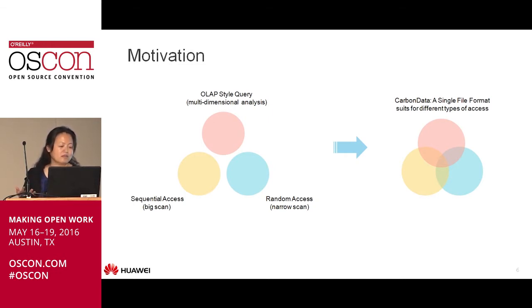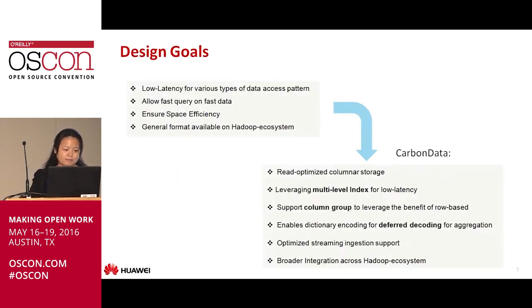For OLAP style query involving multidimensional analysis, traditional MPP databases are the players. But we haven't seen any file format or storage system that can do a good job for all three types of data access patterns. So this is the motivation for why we introduced a new file format. That's CarbonData. It's a single file format that fits all different types of access.